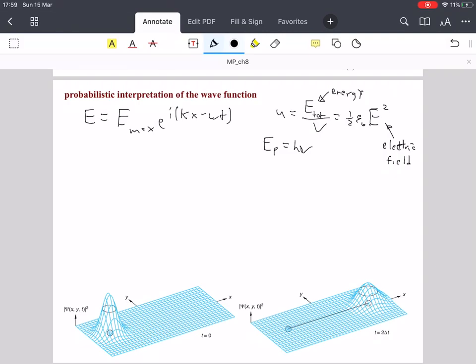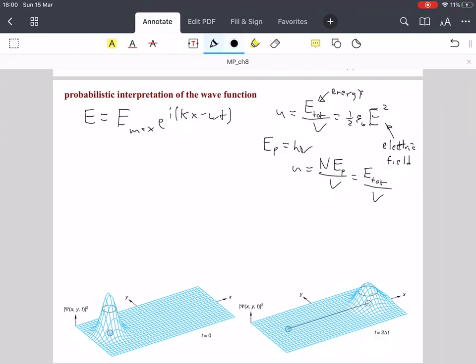And we can think about this energy density in terms of photons as adding up the total number of photon energies to get our total energy divided by V, the volume. So that's the same thing as E total over V.